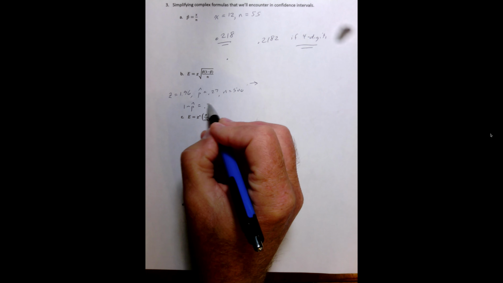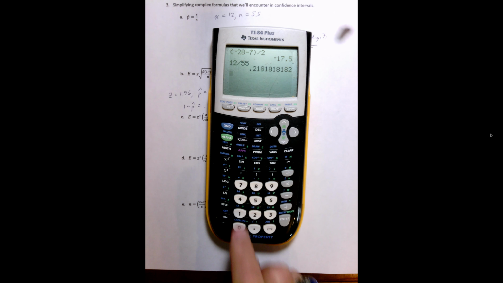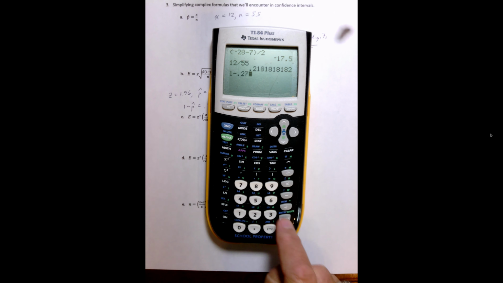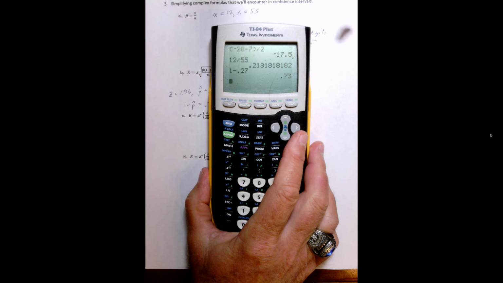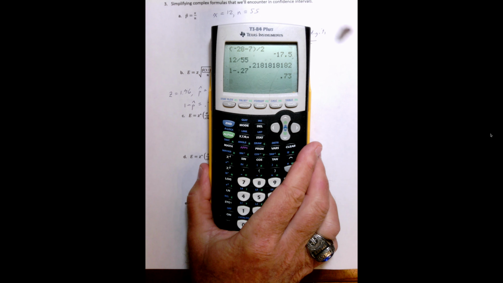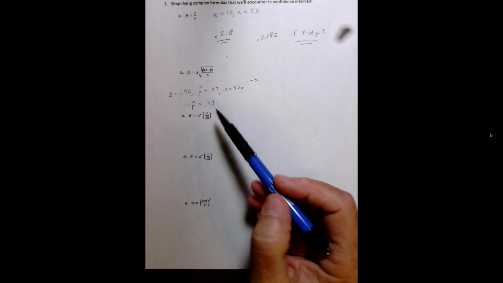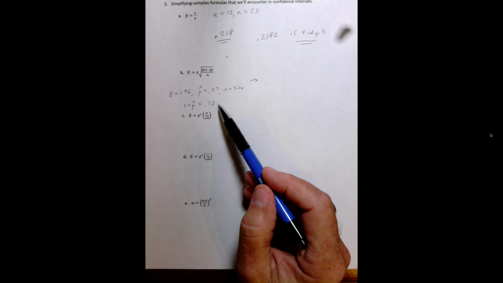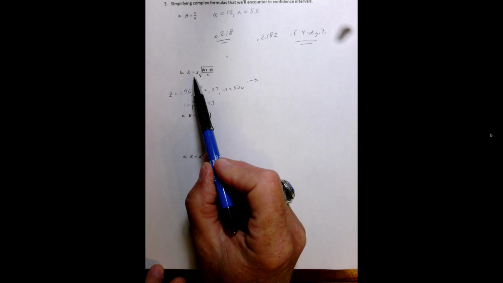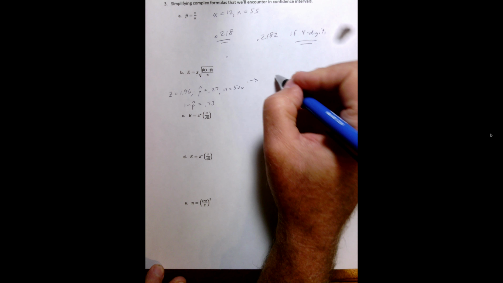Now, I can see that that's 0.73. If you can't, it's not a big deal. Just plug it in your calculator. And if you weren't blessed with that quantitative skill, whatever, you've got your calculator. I'm sure you're blessed with a lot of skills I'm not blessed with. Mine just happens to be, I've always been good at math. So now I'm going to just do plug and chug. So my z is 1.96.